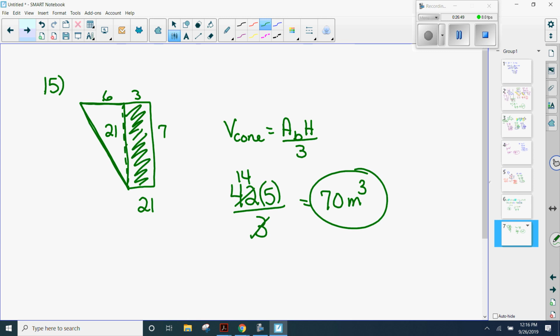Any others you need to see? You get a calculator.